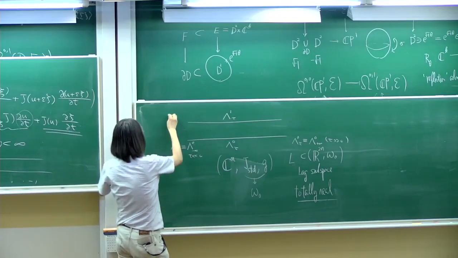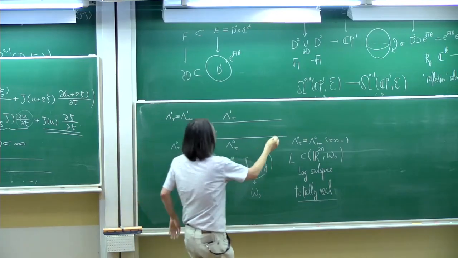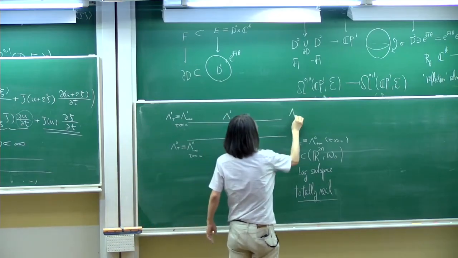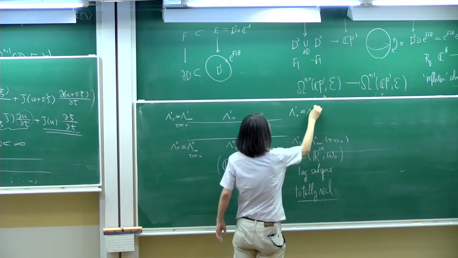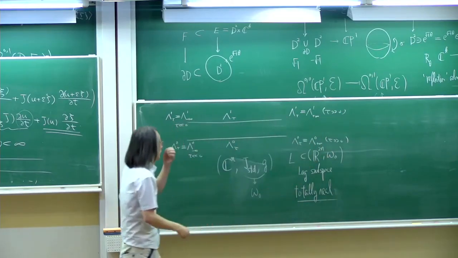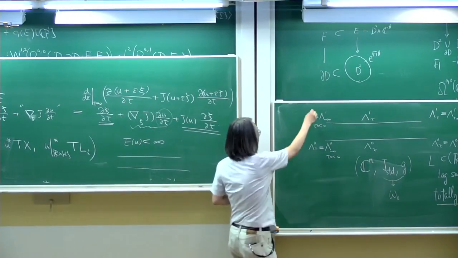And here I have lambda 1 of tau, the same thing: it is lambda 1 of minus infinity for tau negative, and lambda 1 of tau is equal to lambda 1 of plus infinity for tau large. So I have such a path, and let's suppose that they are transversal.